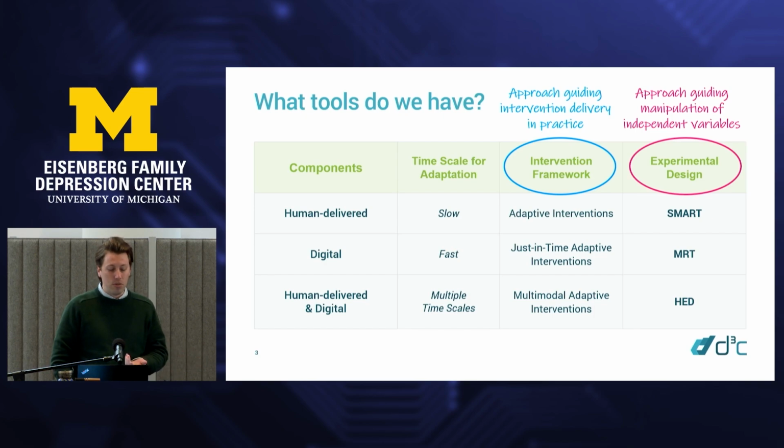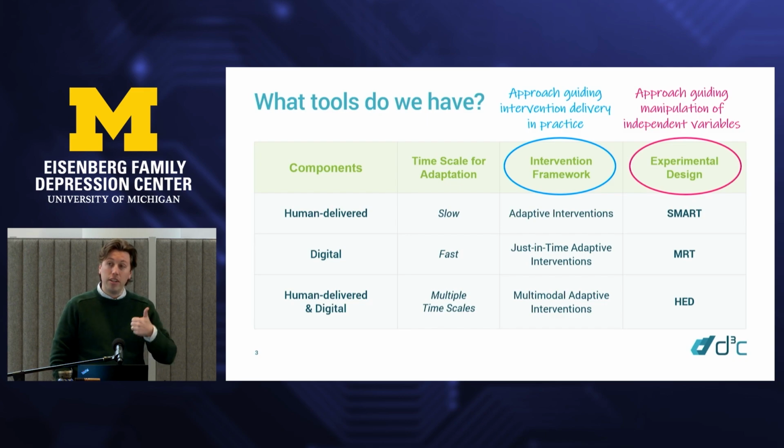And so the slide that you cannot see right now is a slide that we talk about different components of an intervention. The way I think about them is human-delivered, digital, or human-delivered and digital. And I talk about intervention frameworks.